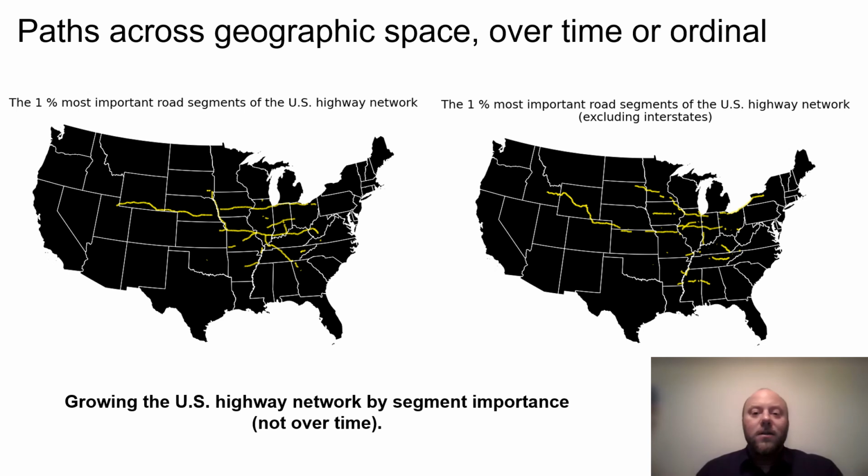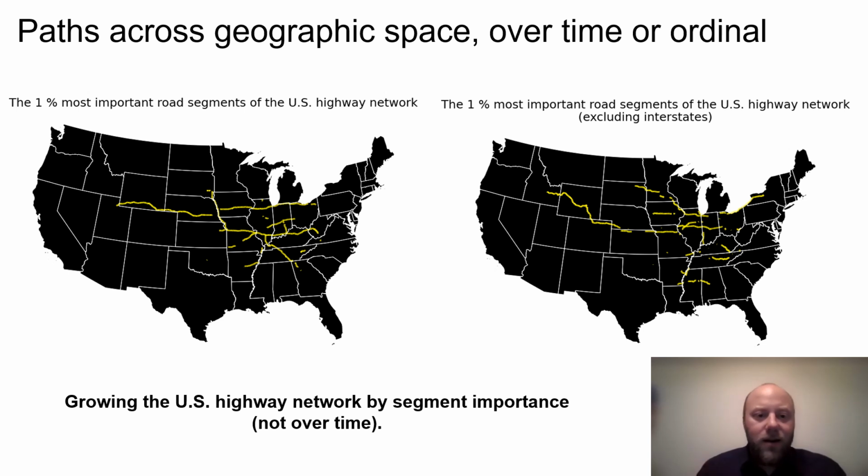So we have 3,000 counties, so it's kind of a distance matrix, if you will, 3,000 times 3,000, so in total around 9 million routing operations along the US highway network, or actually just half of it, because it was not directional, so 4.5 million routing operations. And then we calculated how often each segment of the highway network has been used. And what you can see here are the road segments that are mostly used.